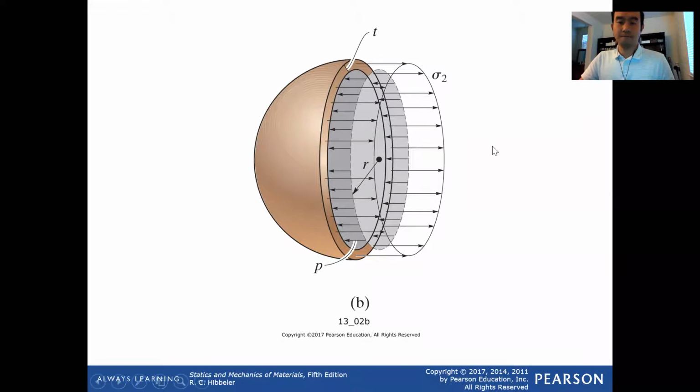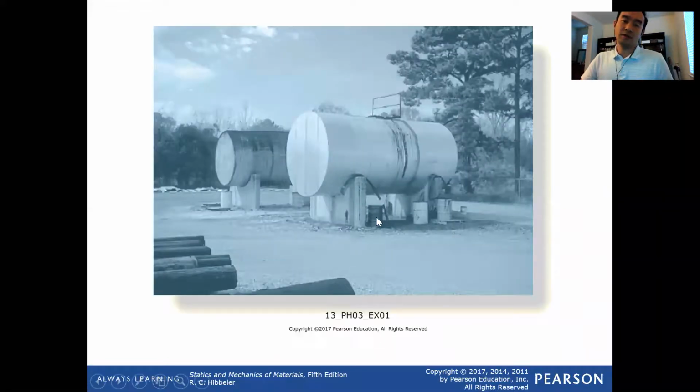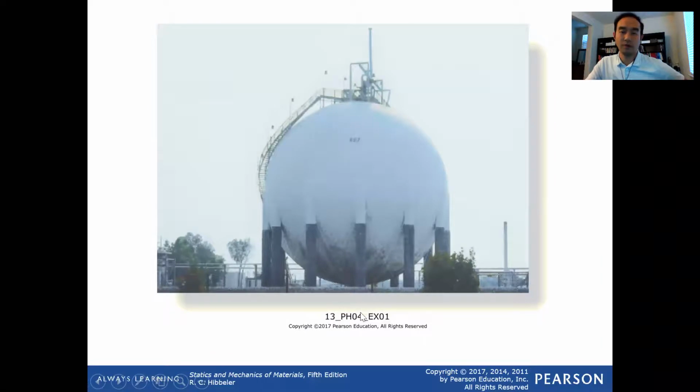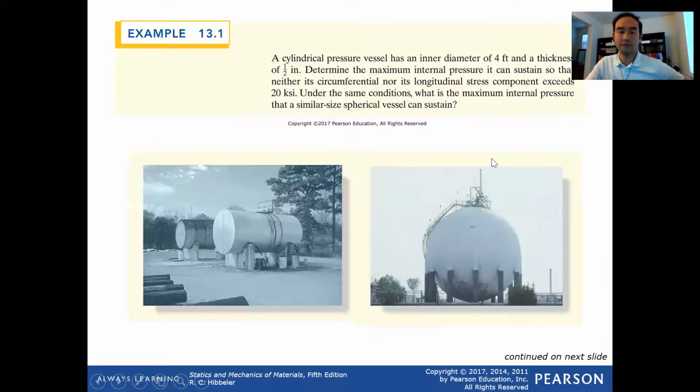Really easy, right? Okay. So again, this is the real application of this cylindrical vessel, and this is the real application of the spherical pressure vessel. So here's the problem. This is example problem 13.1 in your textbook.